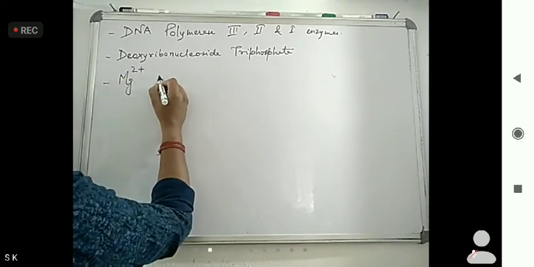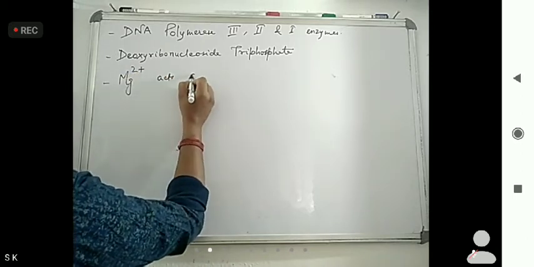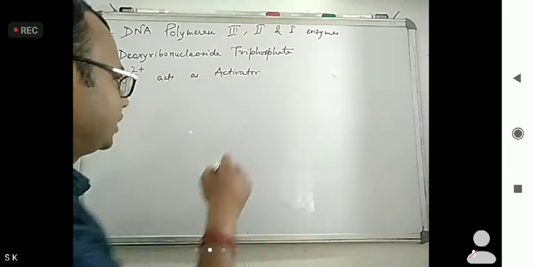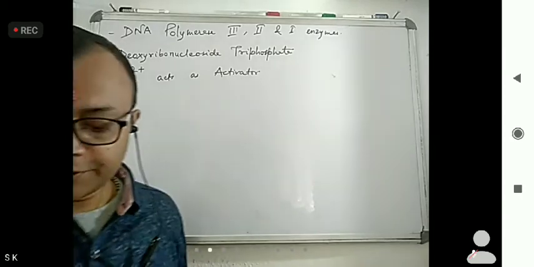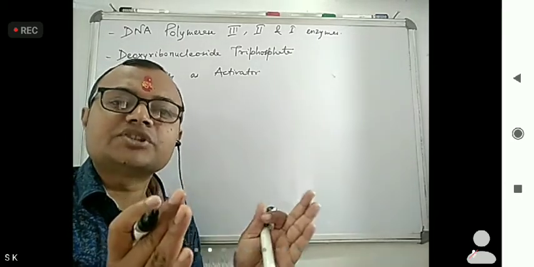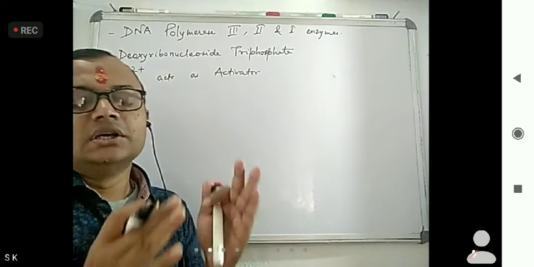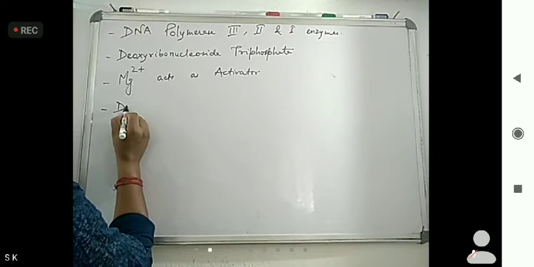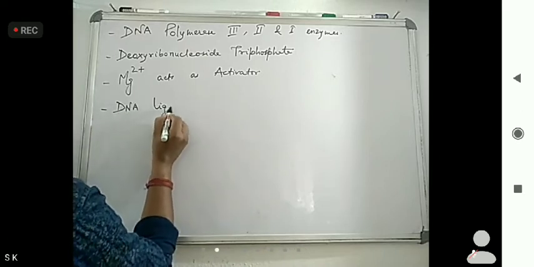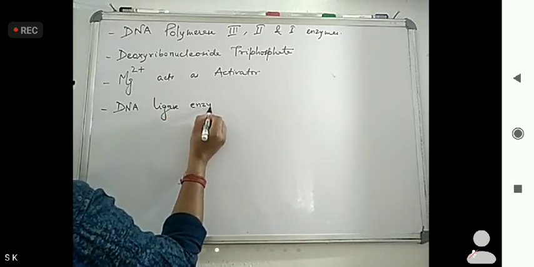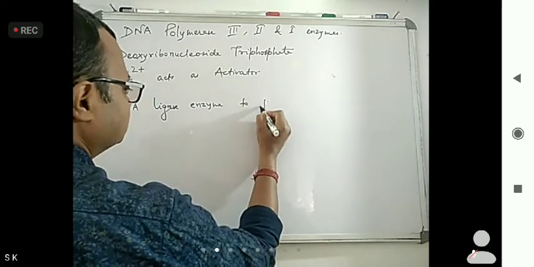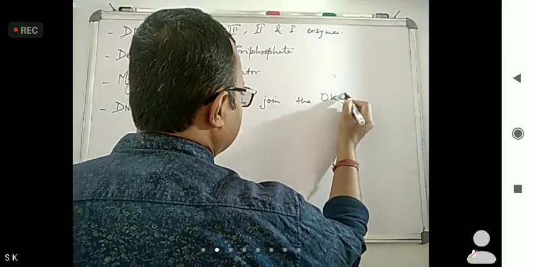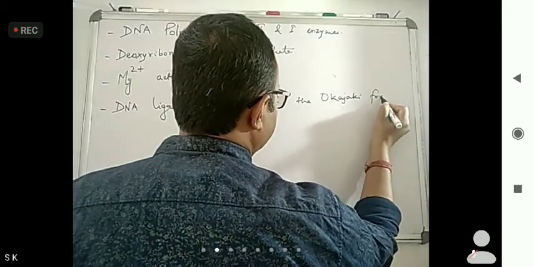Magnesium ion, Mg2 plus ion, acts as activator. Okay, now what more is there to join the fragments? Okazaki fragment. What is Okazaki? We'll see that. So DNA ligase, one enzyme is there, DNA ligase enzyme to join the Okazaki fragments.